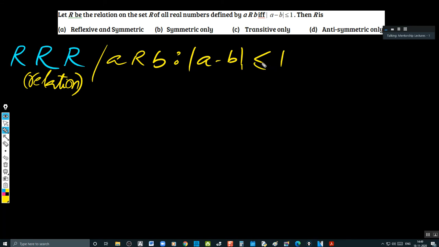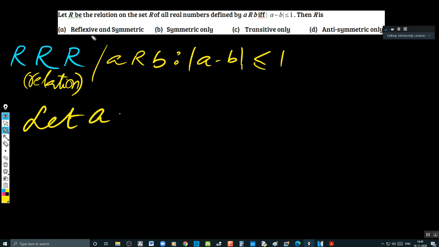That's what it is. Now, you have to check whether it is reflexive only, symmetric only, transitive only, or antisymmetric only. This is what is to be checked now. You take any real number of your choice.